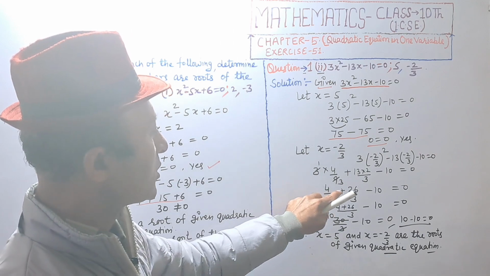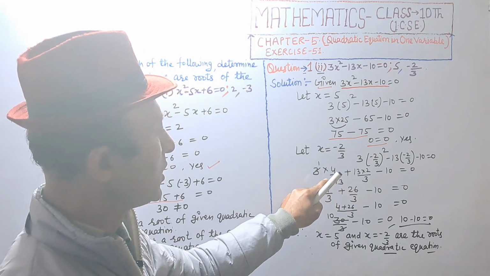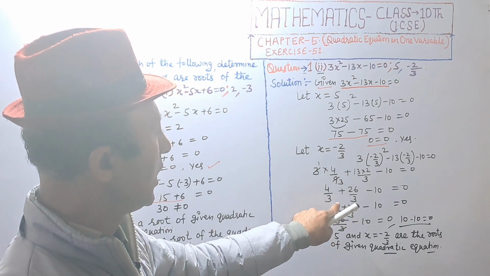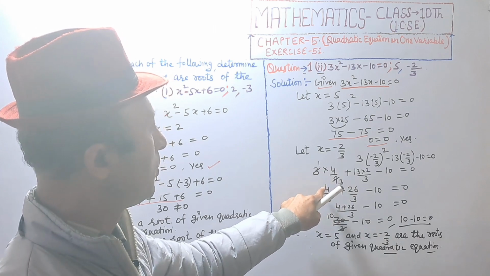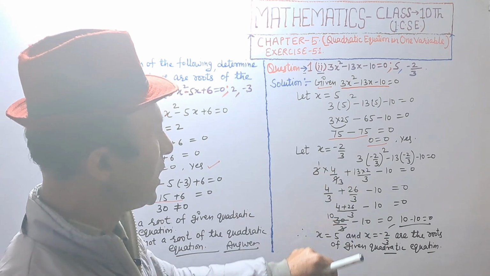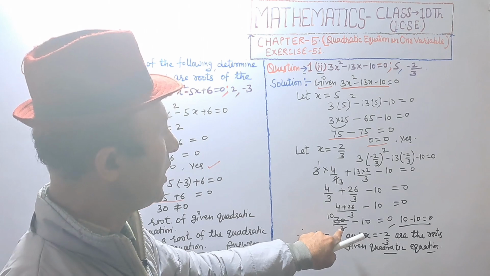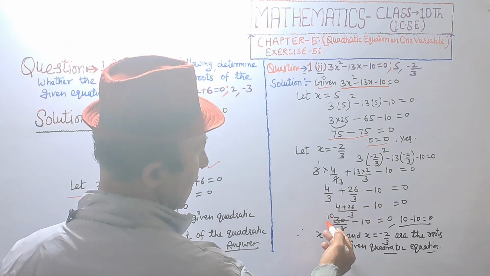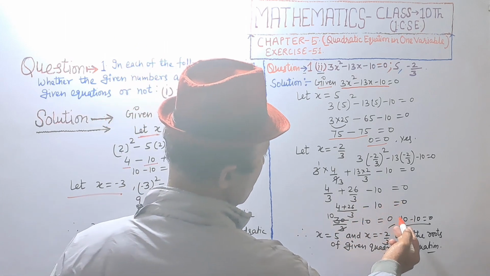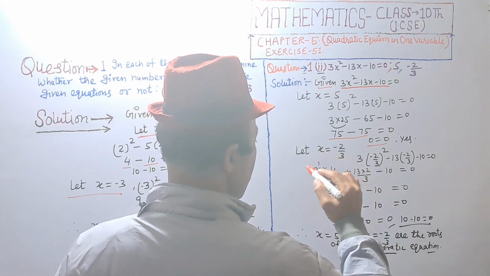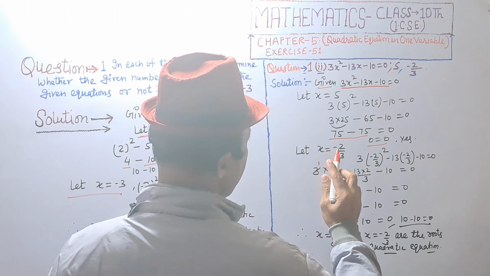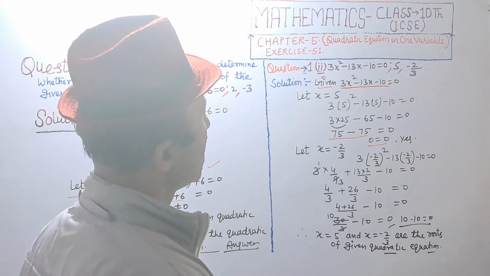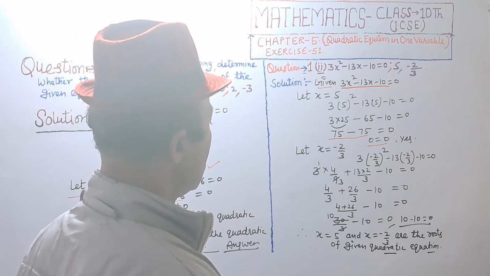We are solving the first two positive numbers, 4 upon 3 and 26 upon 3. LCM will be 3, and 26 plus 4 is 30, and 30 divided by 3 is 10, minus 10, and 10 minus 10 equal to 0. So we can say x is equal to minus 2 upon 3 is also a root of the given quadratic equation.